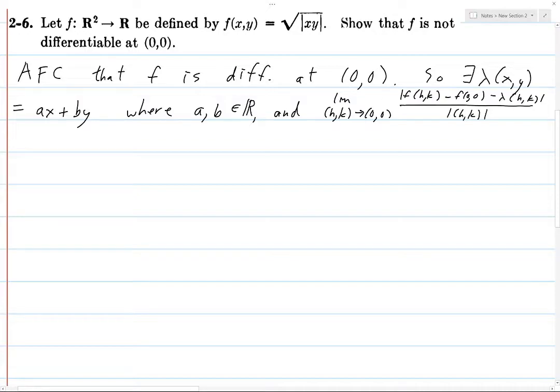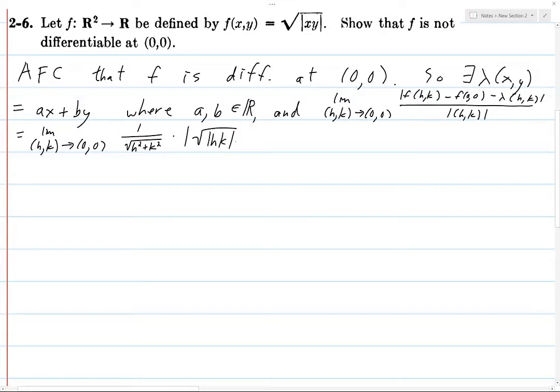But let's take another step and actually write out what this is. This is the same as the limit as (h, k) goes to the origin of, on the bottom you've got the norm of (h, k), so I'll bring that out front and write it as 1 over the square root of h squared plus k squared. And then on top, f of (h, k) is just the square root of the absolute value of h times k.